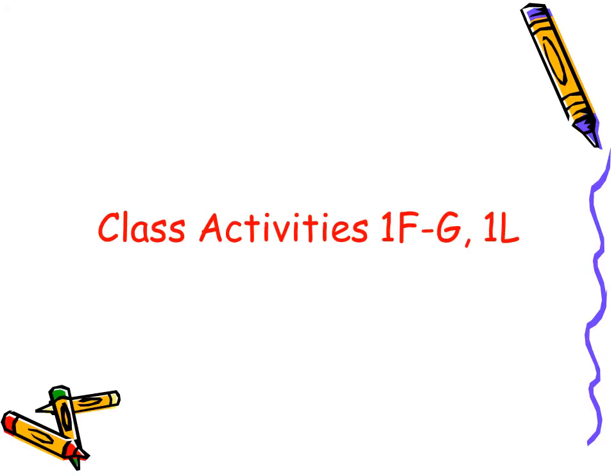I want you all now to pause the video and take a look at class activities 1F through 1G and 1L. 1F is located on page CA9 in the class activity section. That activity will actually practice using zooming number lines to plot decimals. Then I want you to take a look at class activity 1G.